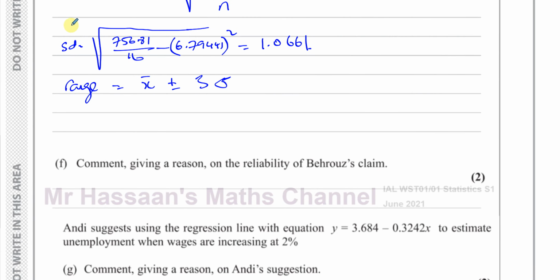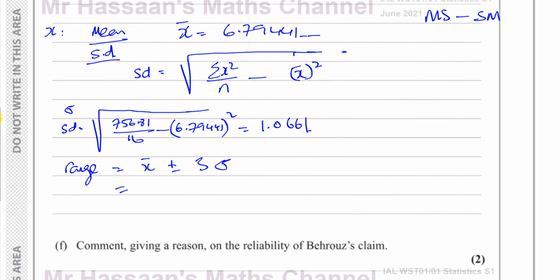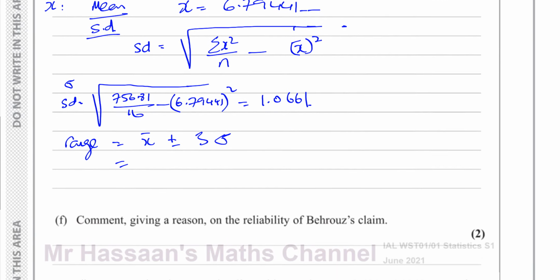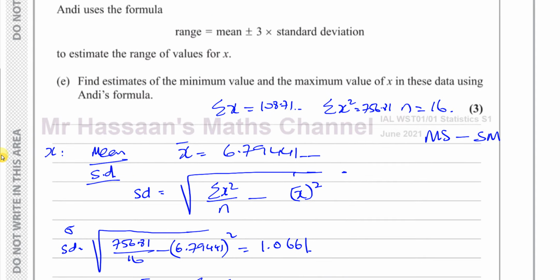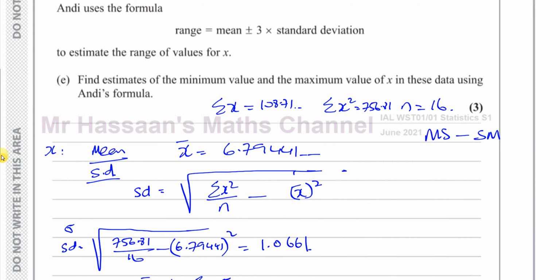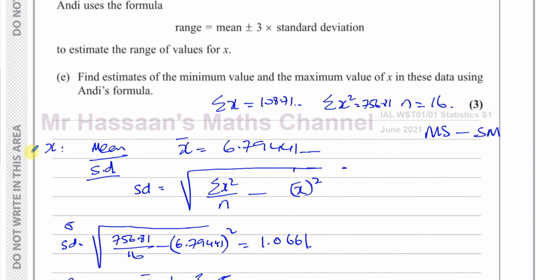This is the standard deviation, sigma. The mean we already found: the mean is 6.79441, plus or minus 3 times the standard deviation, which is 1.0661. So we need to find estimates for the minimum value and the maximum.